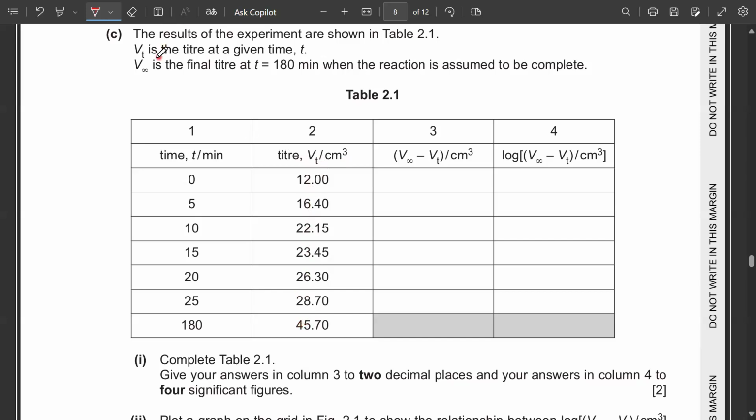V infinity is said to be the final titer, and the time is 180 minutes, which is mentioned over here. So what do you conclude from here? What would V infinity indicate? So 45.70. Very good. This is the V infinity volume.